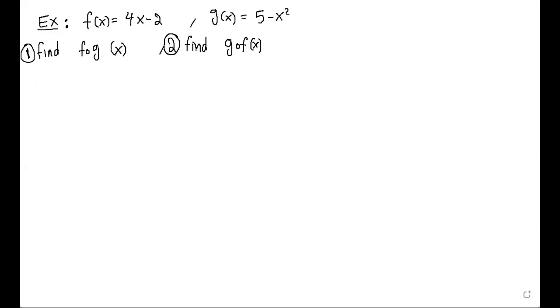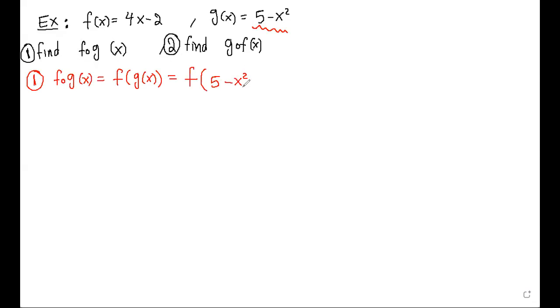So for number 1, find f circle g of x. Like Angela said, this is f of g of x. You plug g of x inside the function, f of 5 minus x squared.